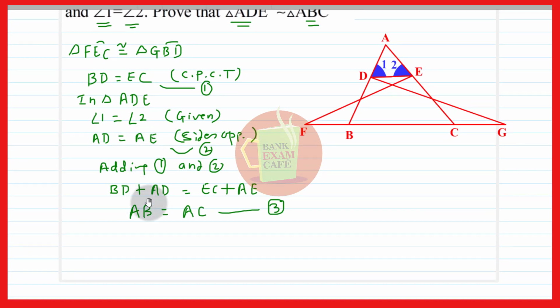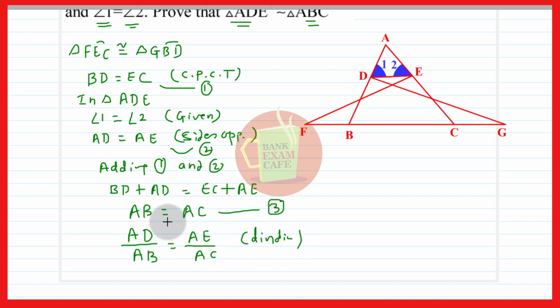Now from 2 and 3, if we divide equation 2 by 3, what will we get? AD upon AB is equal to AE upon AC, dividing 2 by 3.